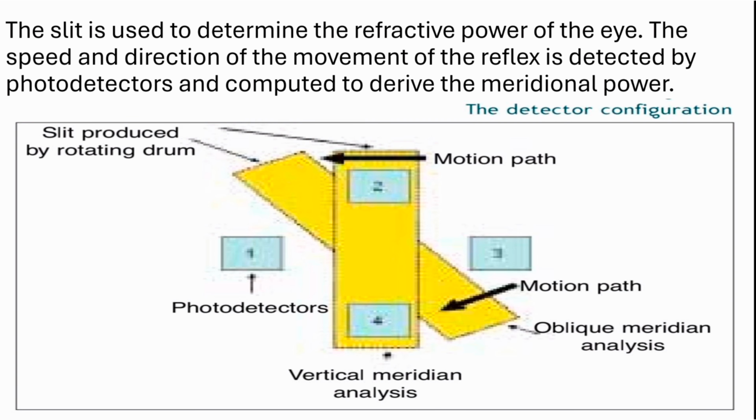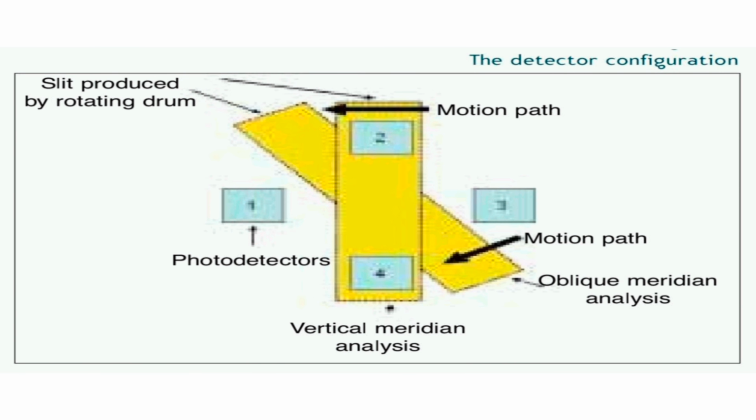The slit is used to determine the refractive power of the eye. The speed and direction of the movement of the reflex is detected by photodetectors and computed to derive the meridional power. Now, this picture shows the configuration of the detectors. The vertical slit calculates the refraction of the vertical meridian.